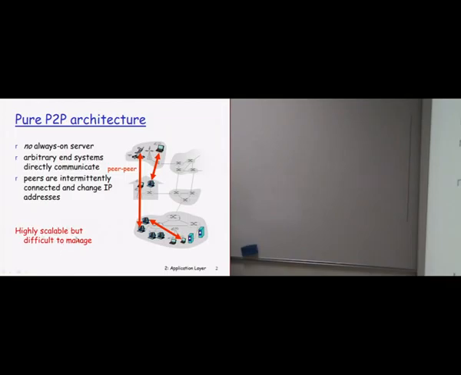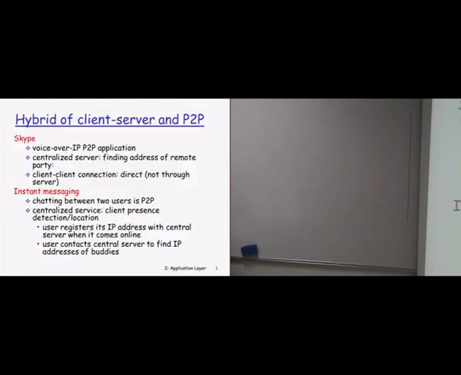Some examples of applications are a hybrid of both client-server and P2P architecture. Client-server we looked at in our last lecture. We saw an example of a web client and a web server.